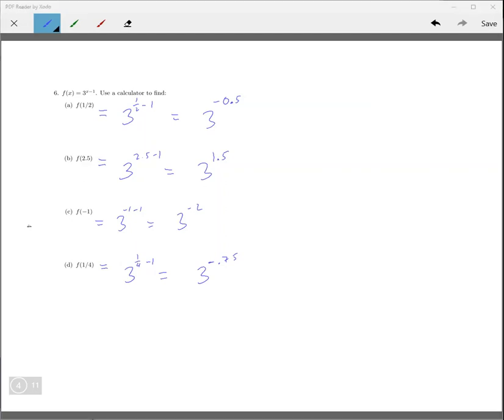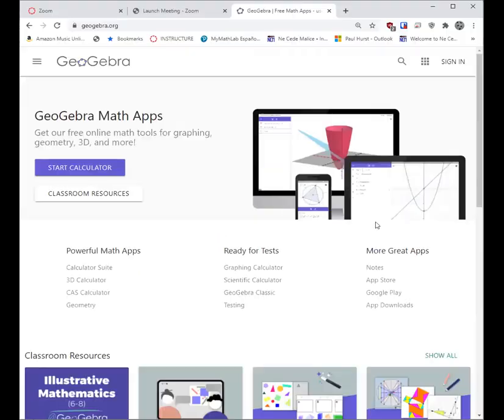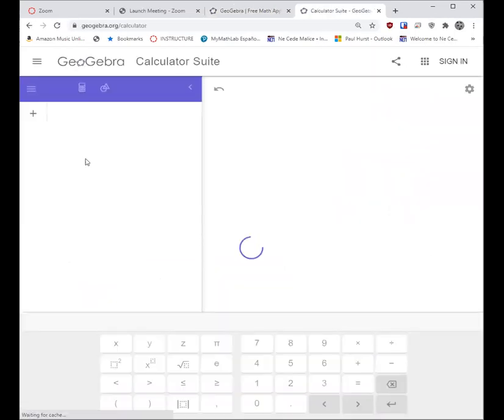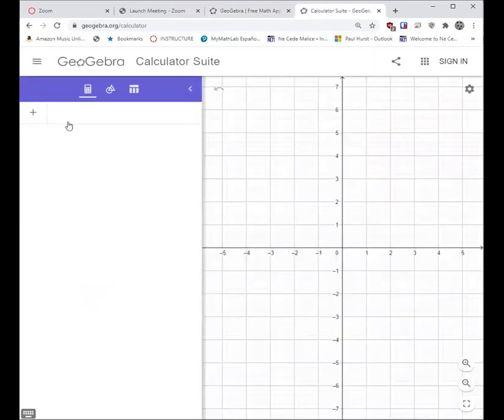You can use Geogebra as a calculator, so I'm going to go over to Geogebra. It doesn't matter, I guess you could choose any of the calculators, and it would still be the same thing. Over here, we're going to use this part as a calculator. There's probably not going to be anything showing up on the graph.